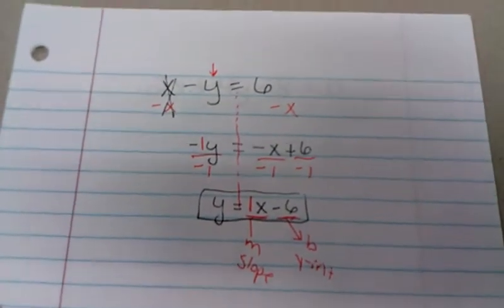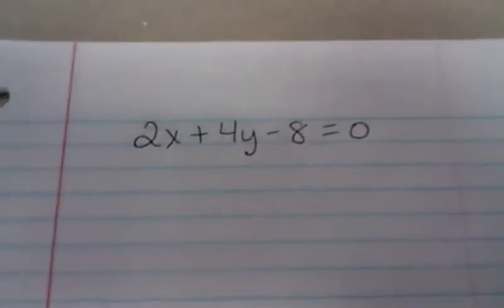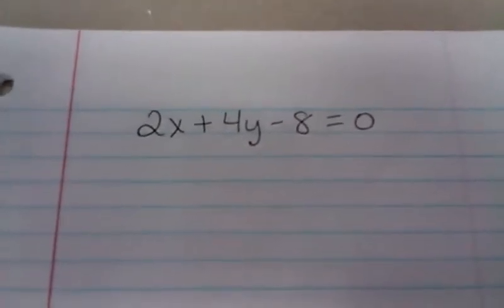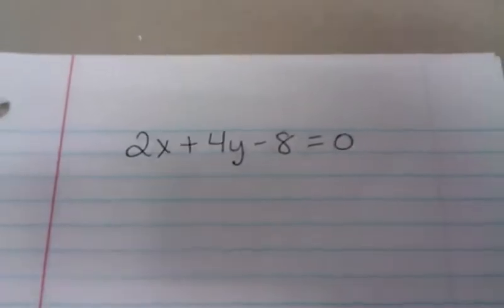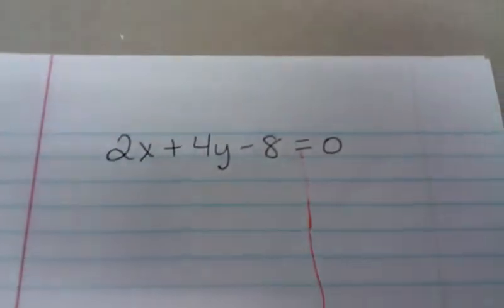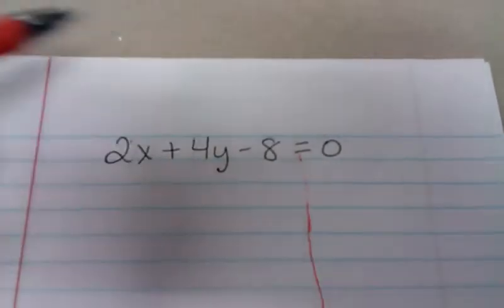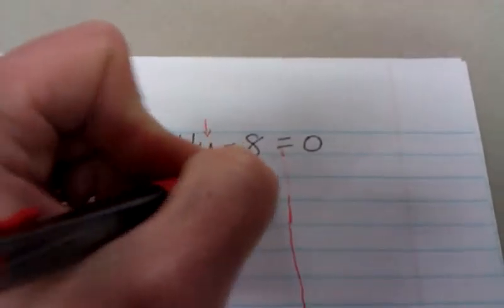The next one, if you notice, all of them are on the same side of the equation. I would take a minute and try and solve for y, and then see how you did. Again, I draw my dotted line right here to separate. Now you're either going to move the 2x or the minus 8 first, because there's the y. I'm going to add 8 to each side.